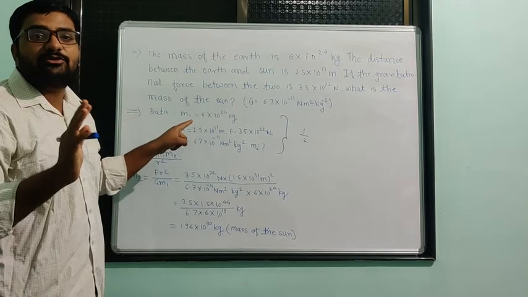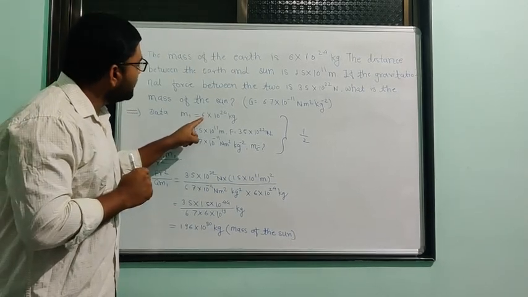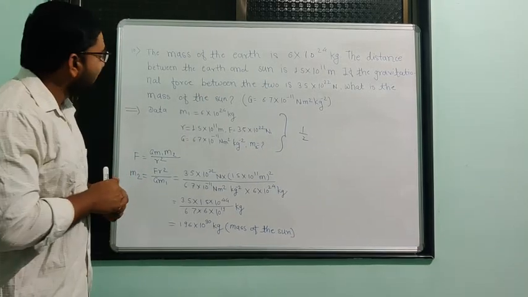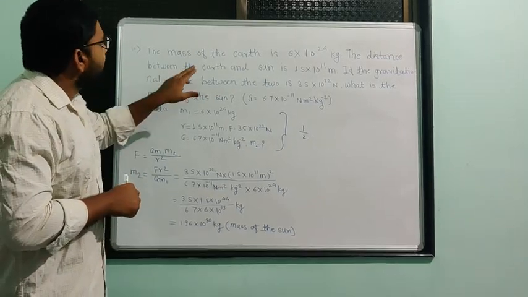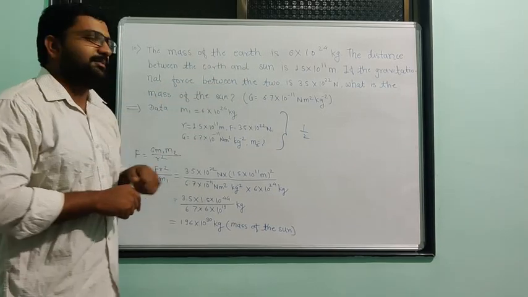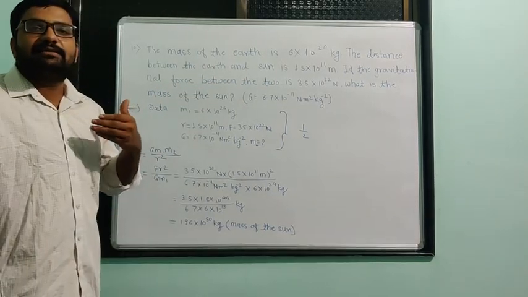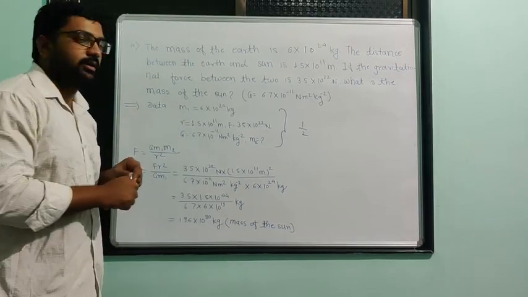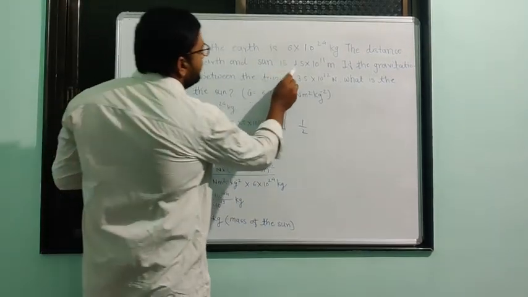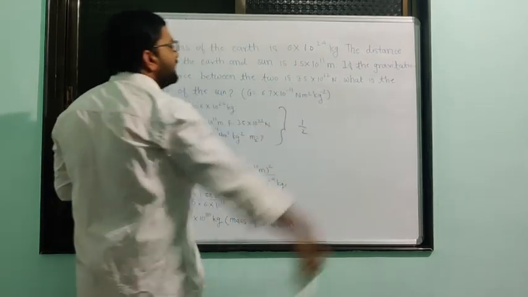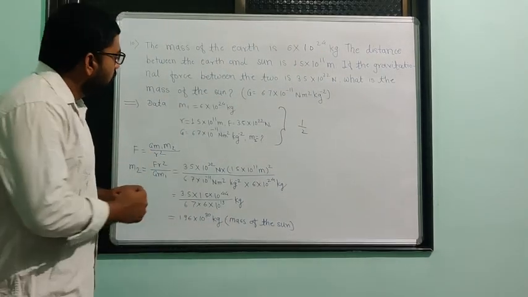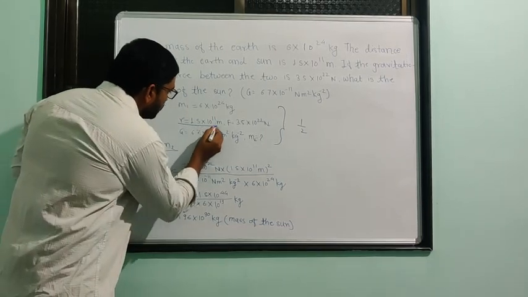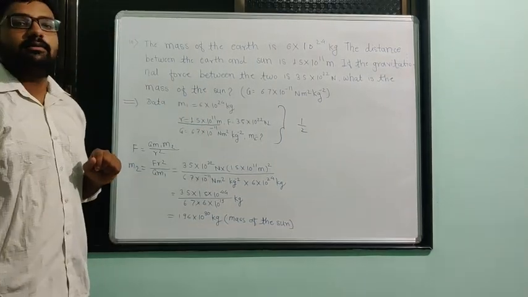M1 is the mass of earth, equal to 6 × 10^24 kilogram. Then the distance between earth and sun, which we denote by small r. So r is equal to 1.5 × 10^11 meter.